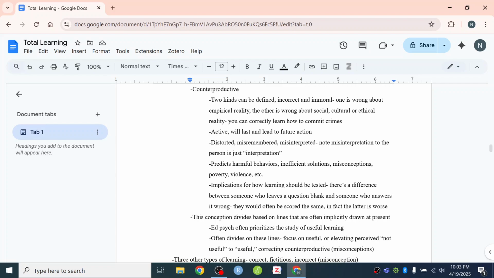Educational psychology often prioritizes the study of useful learning and divides on these lines. The history of educational psychology has, in fact, had a quality of elevating learning that was perceived as being not useful to seeing the use of that learning, to being useful.